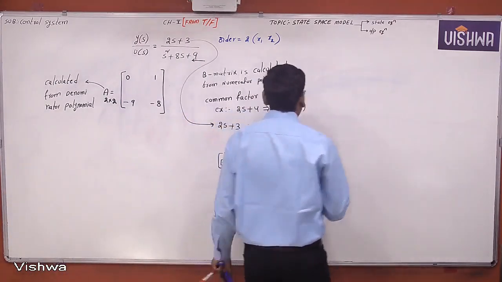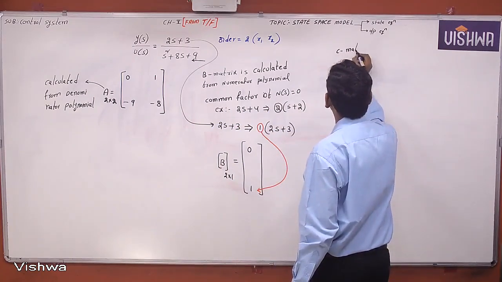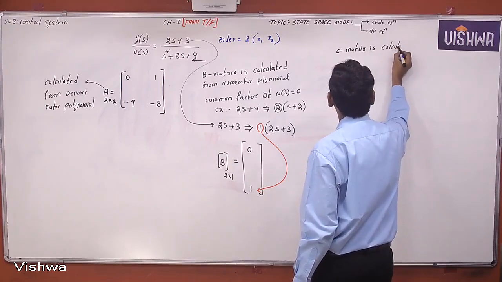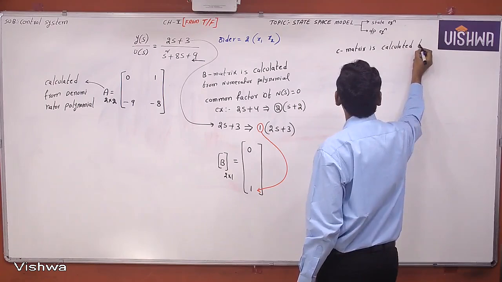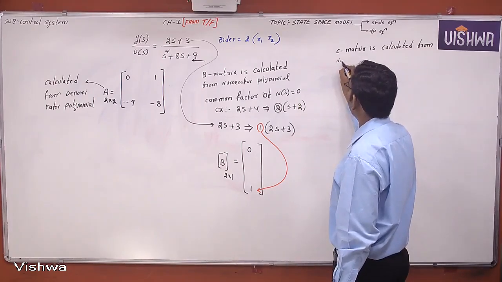Next, the C matrix. The C matrix is calculated from the numerator polynomial again.